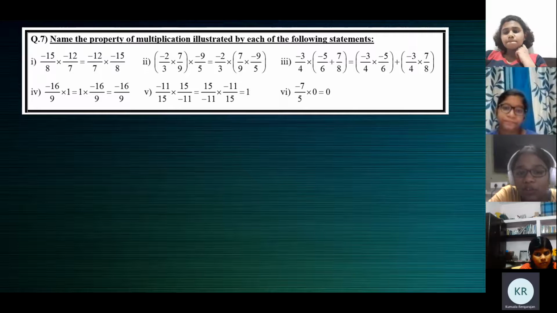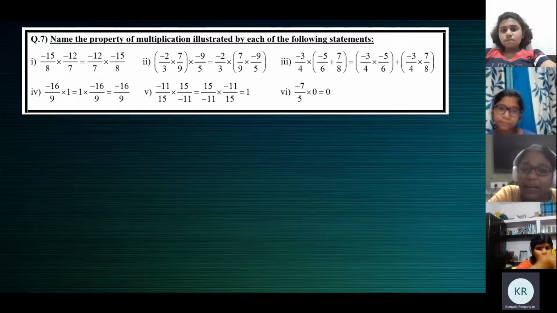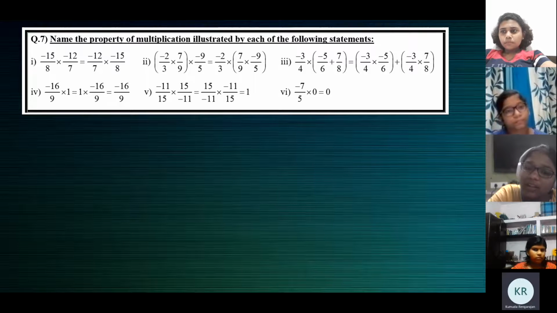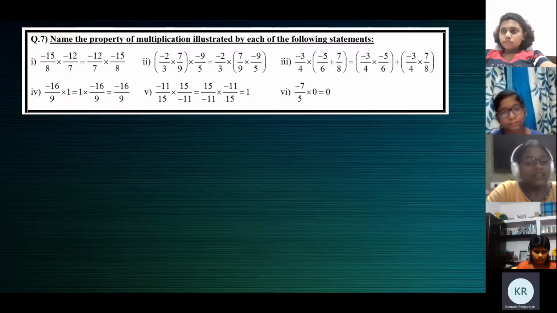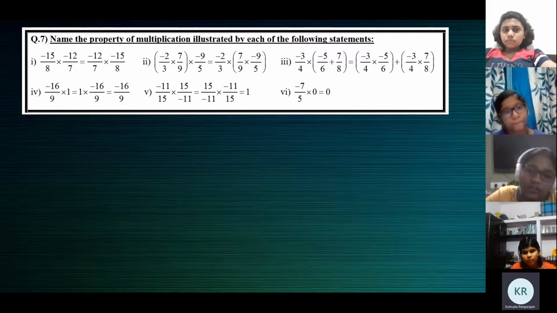Commutative property of multiplication of what kind of numbers are they? Minus 15 by 8, minus 12 by 7. Are they natural numbers? Rational numbers, ma'am. They are rational numbers. So the first statement illustrates the commutative property of multiplication of rational numbers.